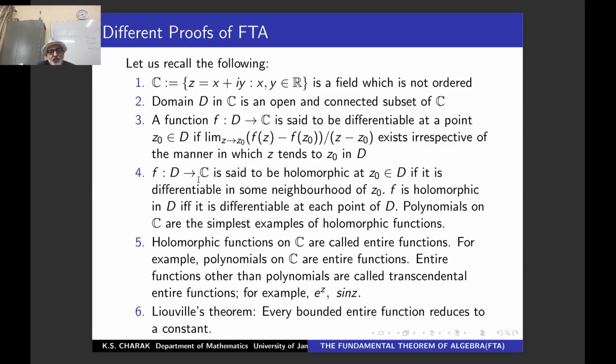And we say that this function is holomorphic at a point z0 if you are able to find a small neighborhood of z0, at each point of which this function is differentiable. So for a function to be holomorphic at a point, you need to have a neighborhood of that point at each point of which the function is differentiable.